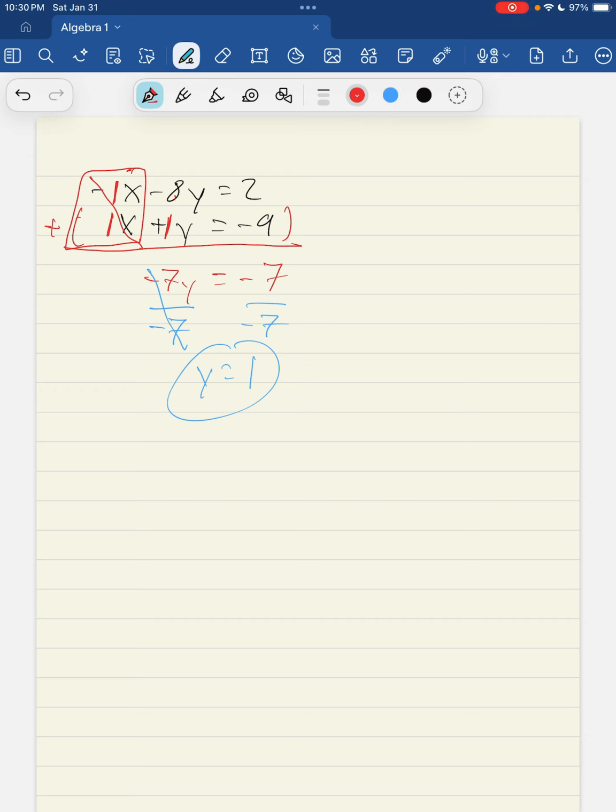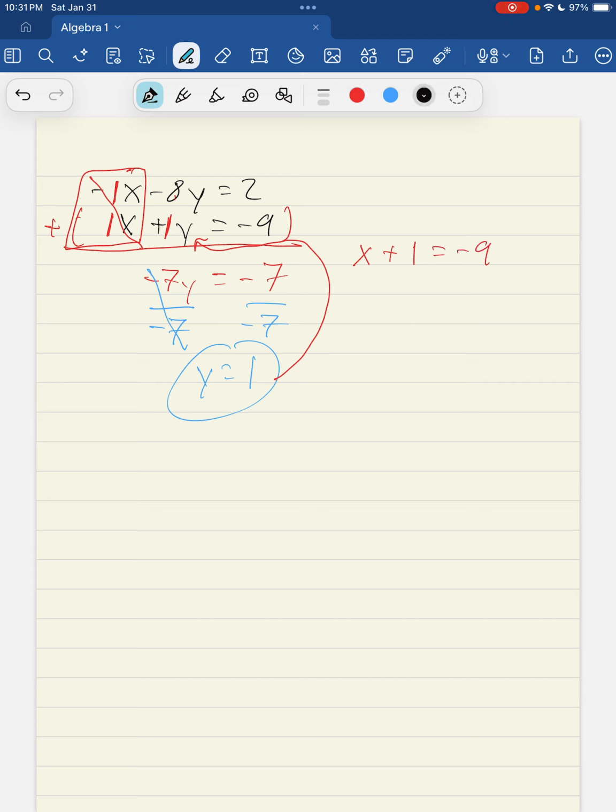Now we're going to take our 1 and put it into the easiest equation. I like this bottom one. Seems a little simpler than the top one. Could you do the top one? Yes, you could. You do the same process. We're going to take the 1 and substitute it in right there. So we've got x plus y, and in place of y, I'm going to put a 1, equals negative 9.